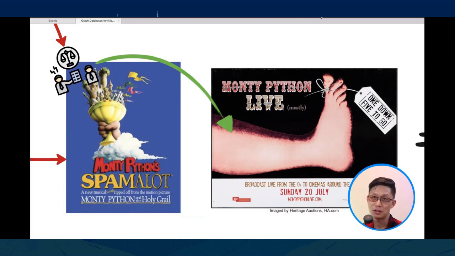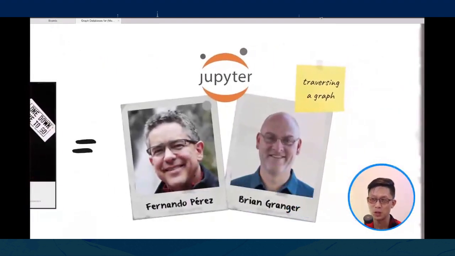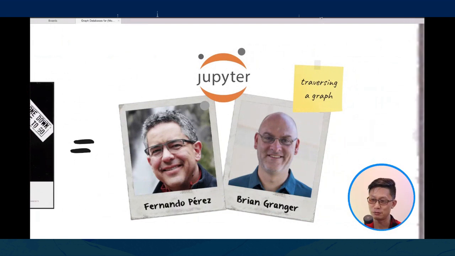That lawsuit resulted in enough money that the group decided to get together and produce a live show to help pay it off. That live show was so popular, it got extended to, I think, 8 additional events. Basically, it went from 2013 to 2014, which was the year that Fernando Perez and Brian Granger released Jupyter.